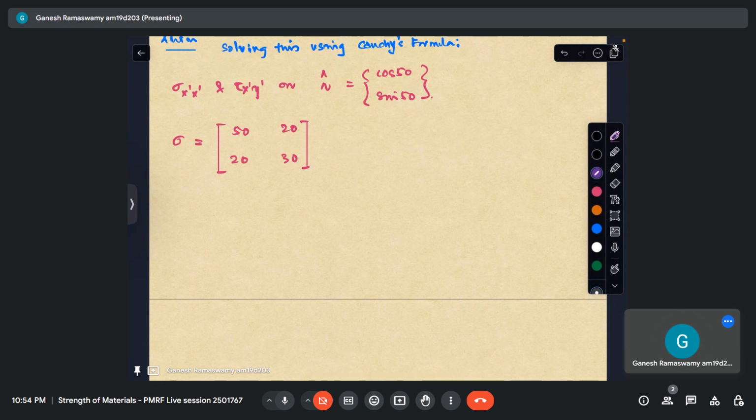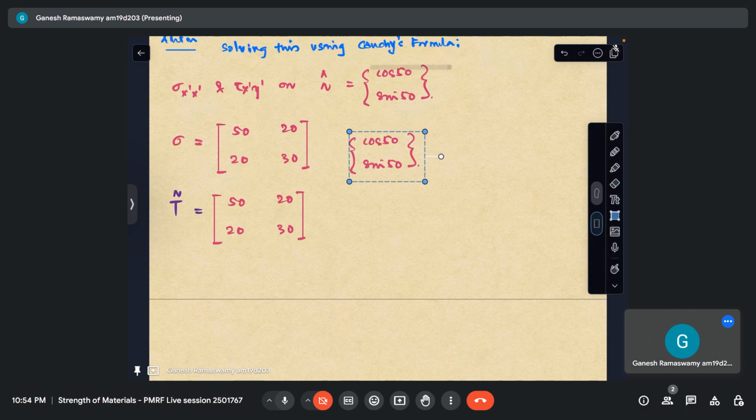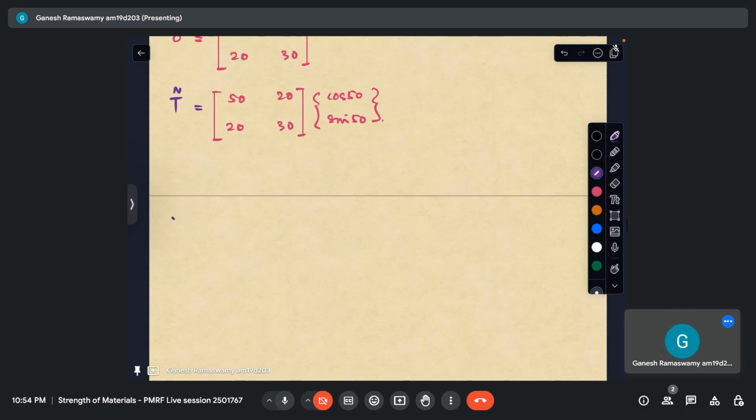So therefore, the traction vector on this plane is nothing but this into this, and it follows that sigma n is nothing but my traction vector dotted with n cap, and tau n is nothing but my traction dotted with itself minus sigma n the whole squared.